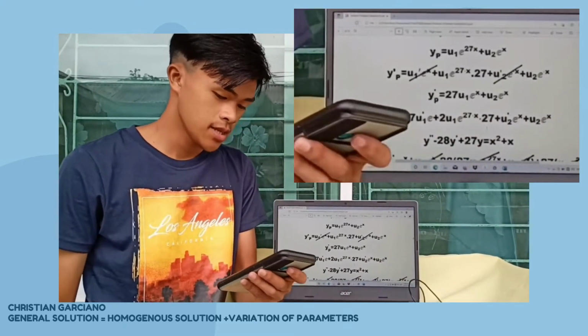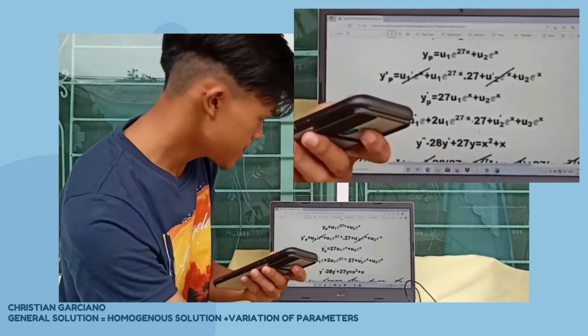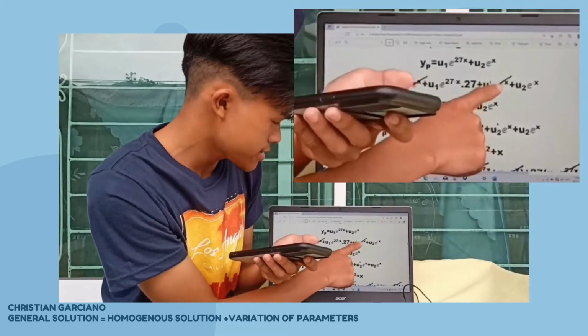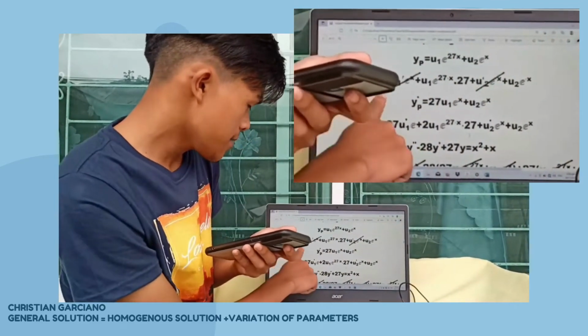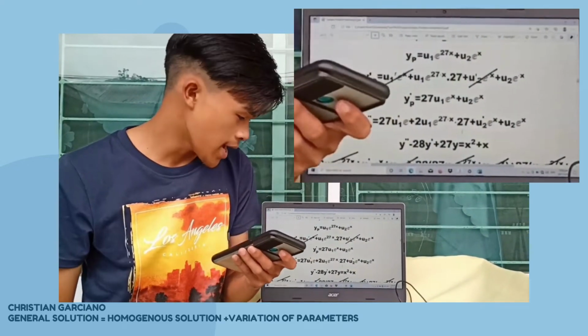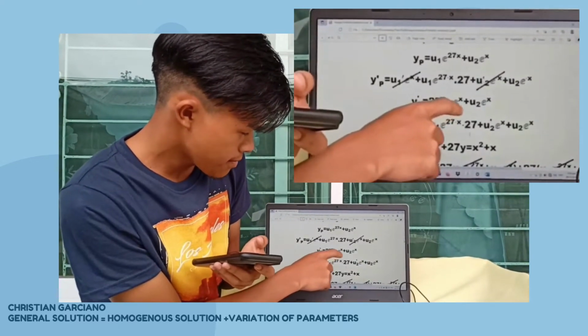So this u1 prime e^27x will cancel with this u2 prime e^x, and the remaining is y prime p equals 27 u1 e^27x plus u2 e^x.